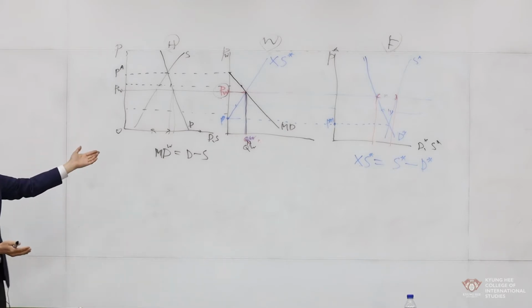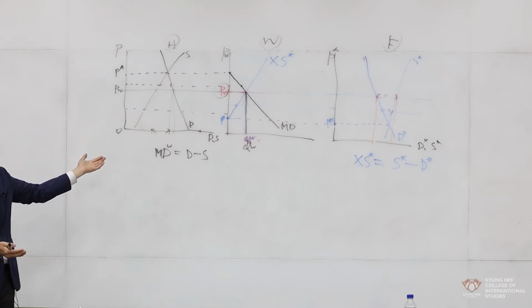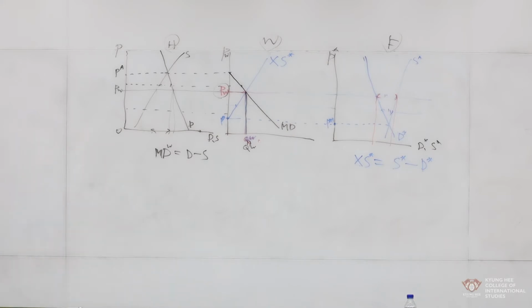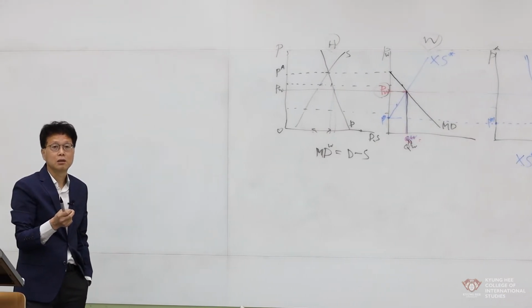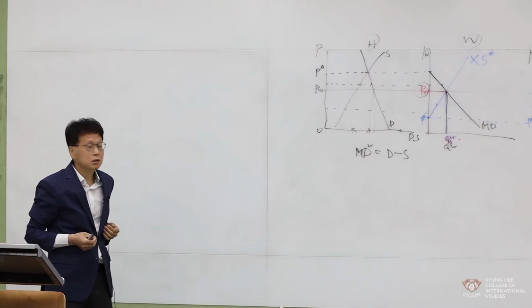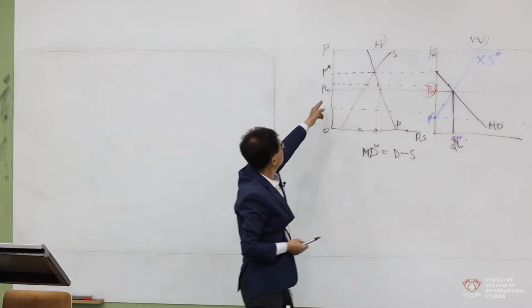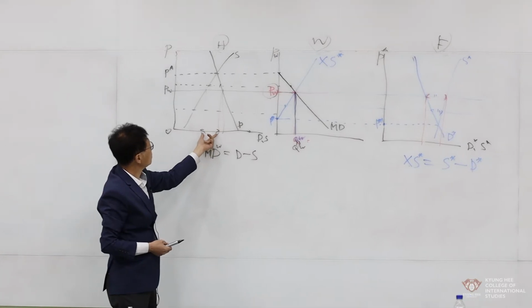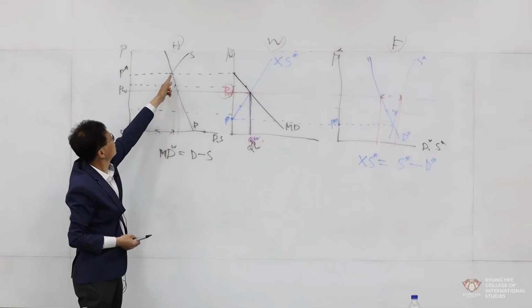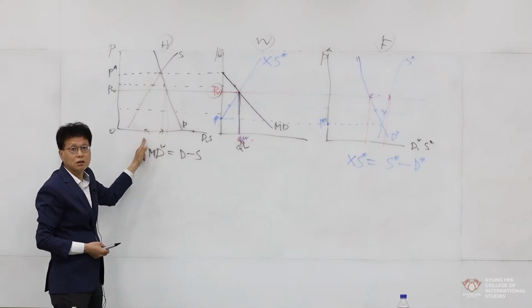So we explain using this kind of thing. Then, from now on, we studied the impact of tariff. Now, the Korean government, right? So what happened after trade, compared to autarky and world trade, domestic production decreased from here to here, right?